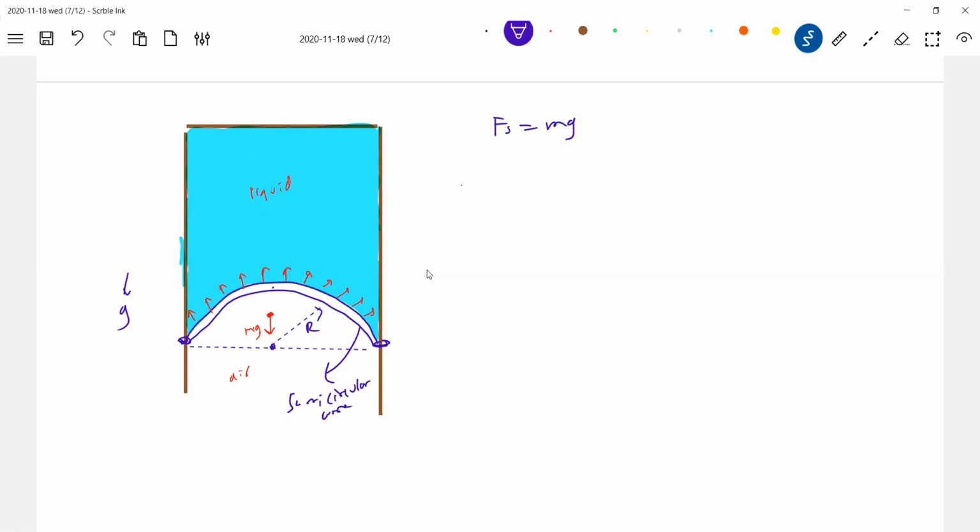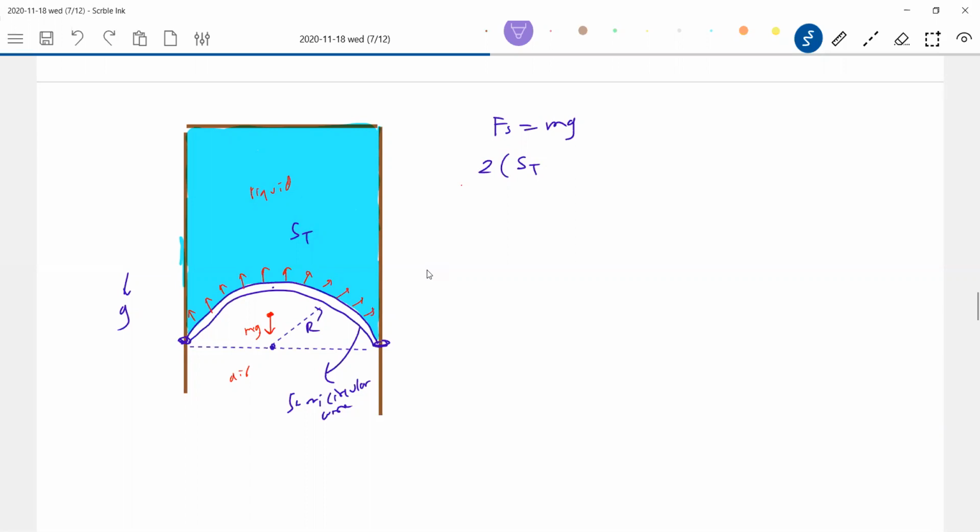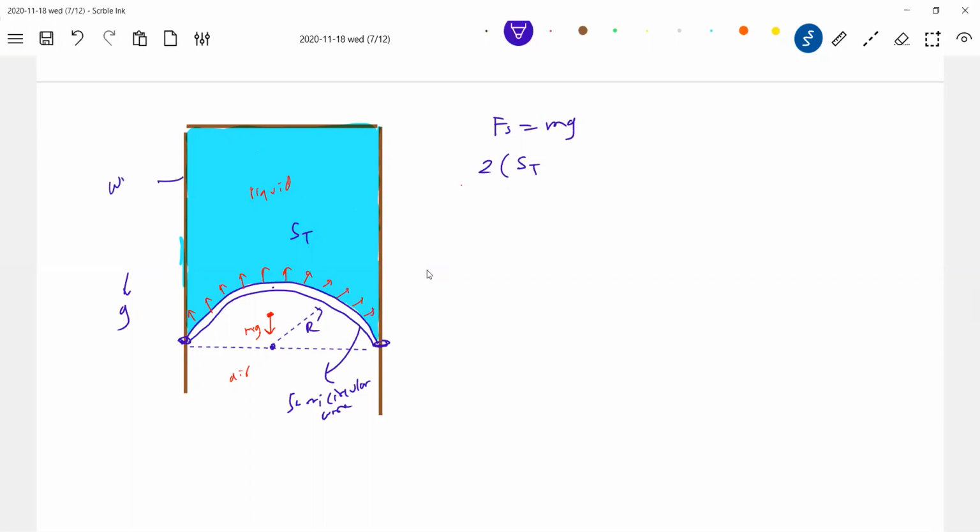What is the force due to surface tension? Let surface tension be ST. Two films will be there, so 2 into ST. What shall I write, length pi r or 2r? Effective length. Anybody?